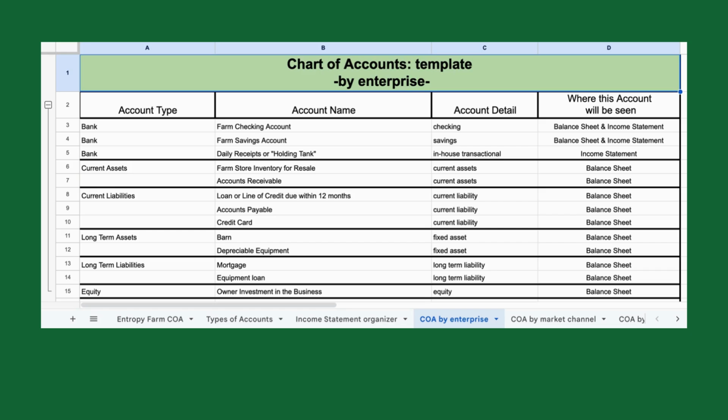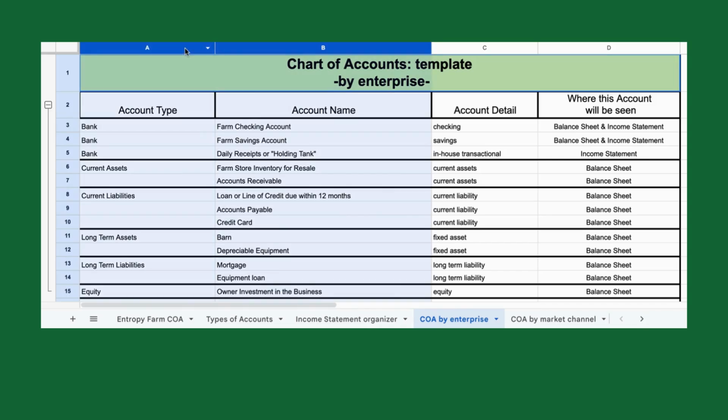So, my working definition of the chart of accounts is it's basically a list of all the different accounts used to organize all the financial components that make up your farm business. And you see it here in columns A and B. This list is structured with major headings or categories in column A, which then have the accounts organized within them, column B. And the major categories include your bank accounts, your assets, and your liabilities.